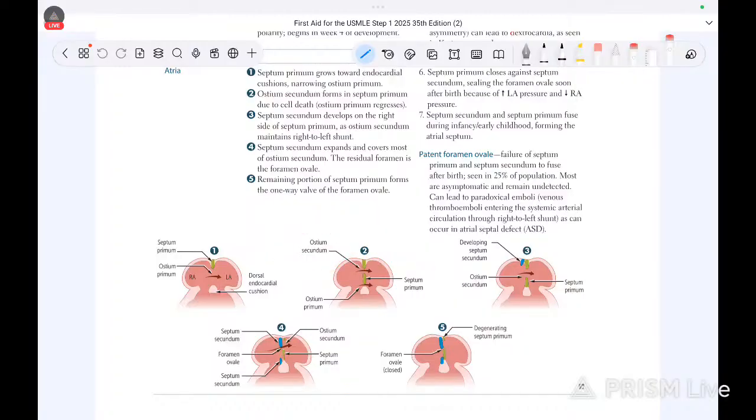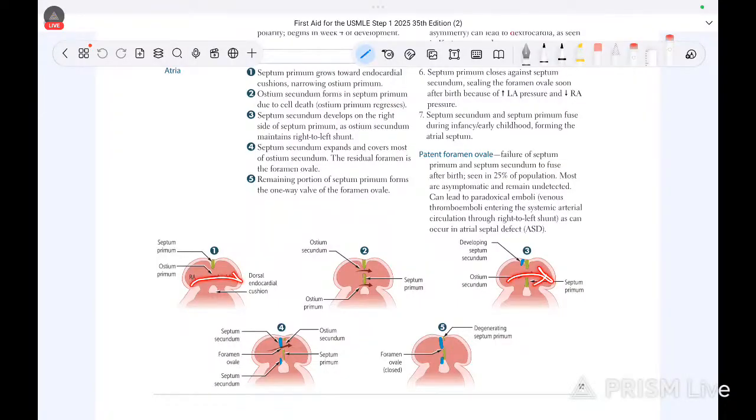Next, in the third step, the septum secundum develops on the right side of the septum primum. This is another septum, and it forms on the right side. This ostium secundum continues the right to left shunt.